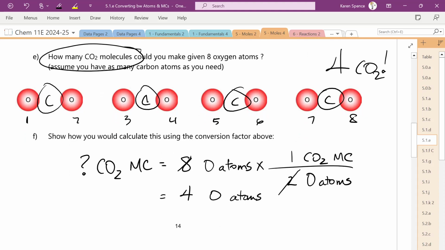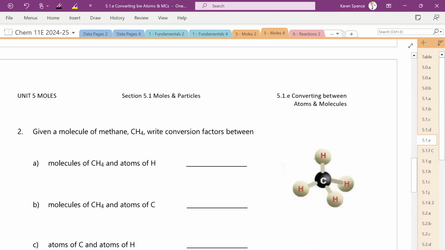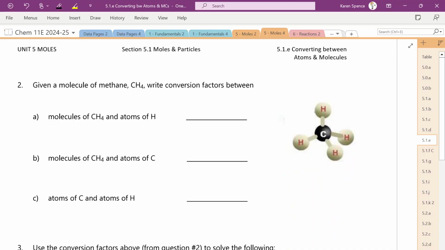Okay. And we're going to do the next one just because it gives you a little more variety. Given a molecule of methane. Ooh, we have that prefix meth. What does meth mean? This is methane. Meth is 1 carbon.